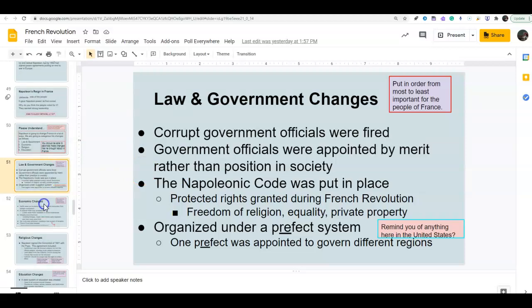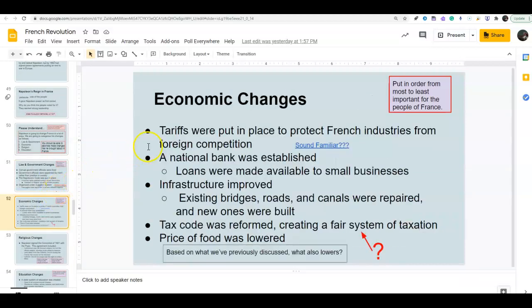The next thing that he does is you got tariffs and infrastructure. Let's go over tariffs first. So tariffs are taxes on imported goods. So what happens is your country puts a tax on other companies from other countries. Take for example, there's an article right here regarding Trump wanting to impose tariffs on China.